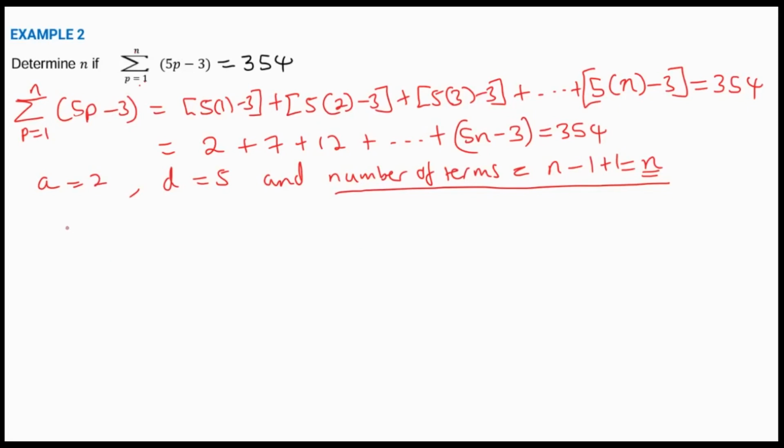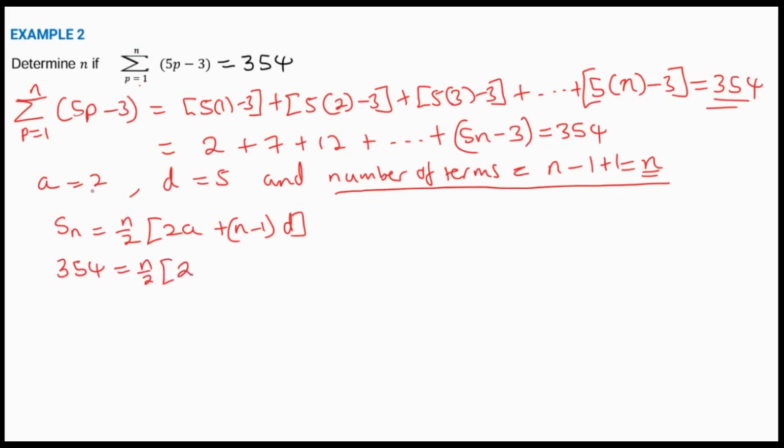Okay, so it becomes Sn is equal to n over 2 times 2a plus n minus 1 times d. Then Sn, sum of these terms, is 354, which is equal to n over 2. We're looking for n, isn't it?